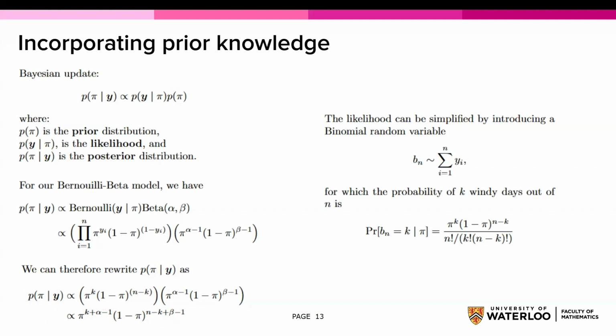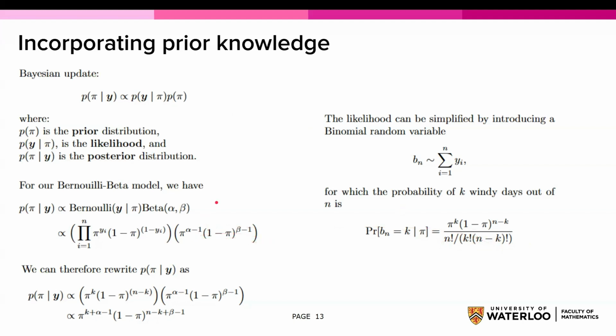But today we're only interested in determining the value of pi that maximizes the posterior distribution, known as the maximum a posteriori or MAP estimate. And so we can ignore the normalizing constant that would have appeared in the likelihood as well as the beta distribution.